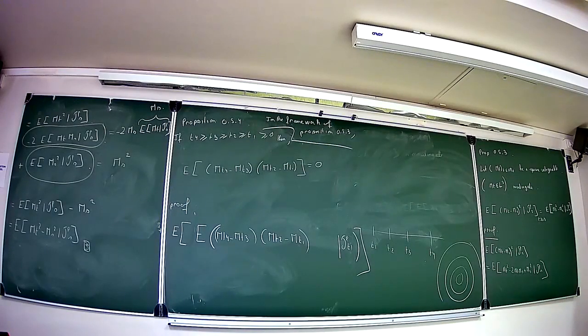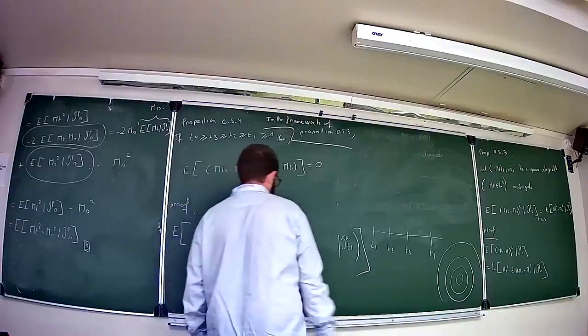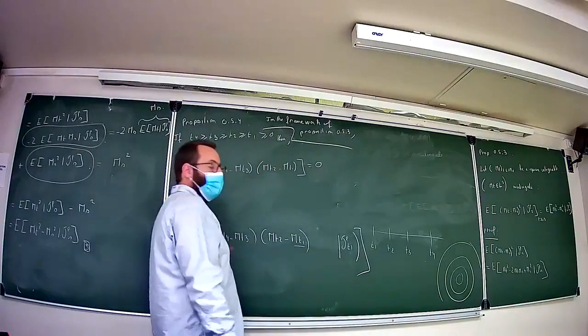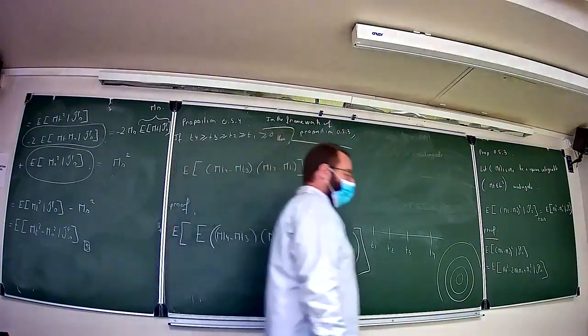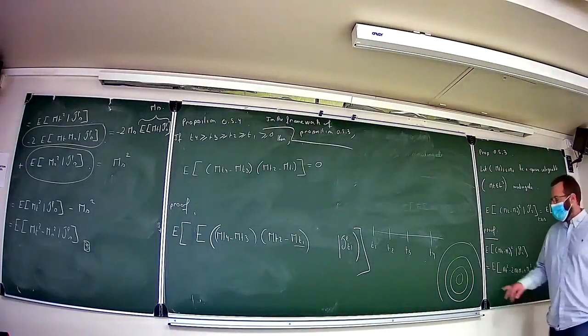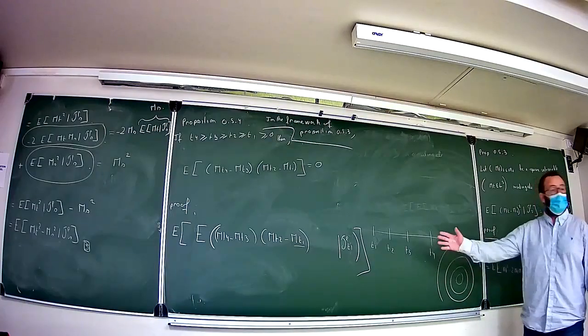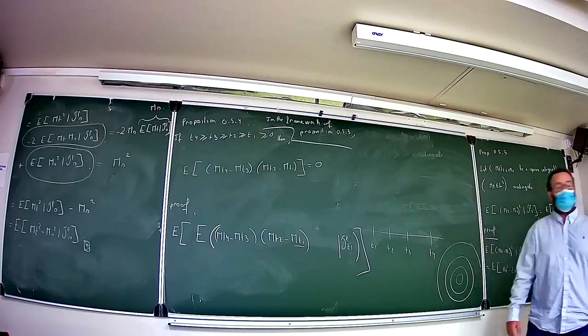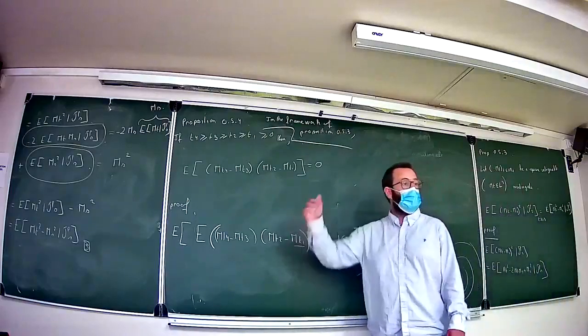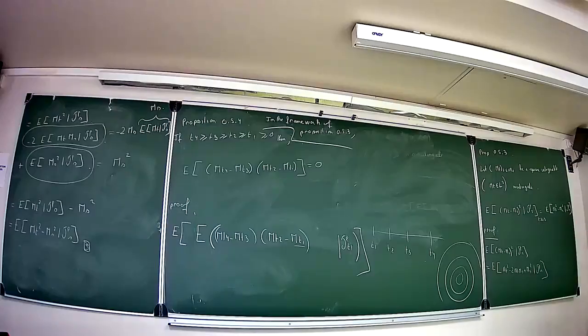Not that much, because the only one that is Ft1 measurable is this one here. But I can't remove the whole product from the conditional expectation, because Mt2 is Ft2 measurable. That is not necessarily Ft1 measurable. So a priori it doesn't work like this. I can try to develop and so on, but I won't be able to remove a lot of random variables from the conditional expectation. The only one I will be able to is Mt1.